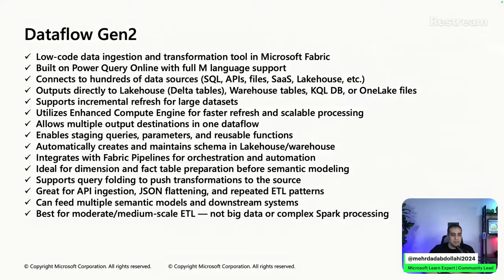It can connect to hundreds of data sources, structured and semi-structured, to files even. And the destination of that data flow can be 6 or 7 different destinations in Fabric, the data warehouses in Fabric, lake houses, files, event stream, KQL, and so on and so forth.